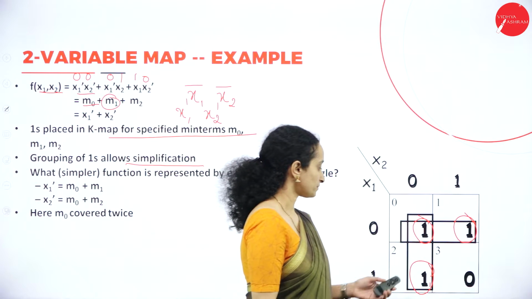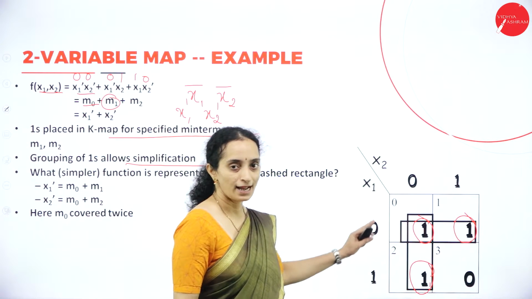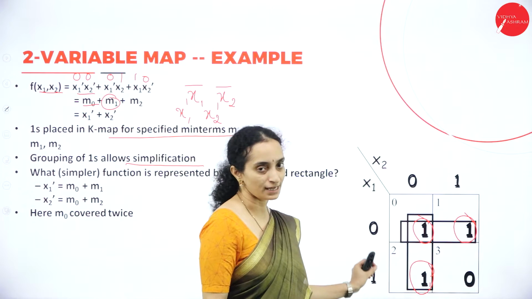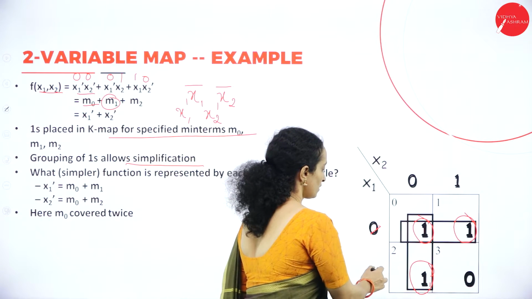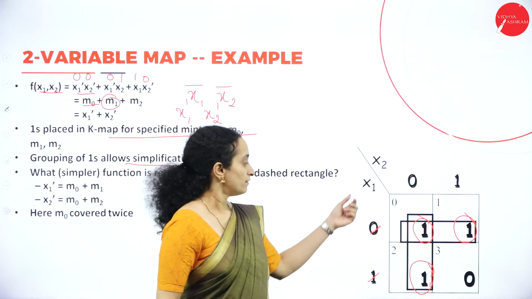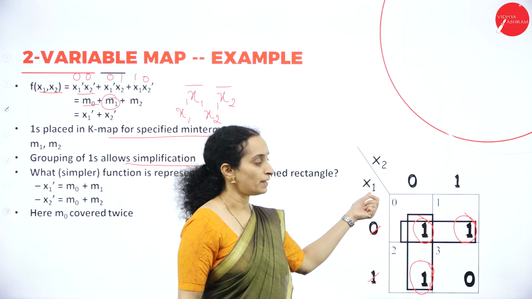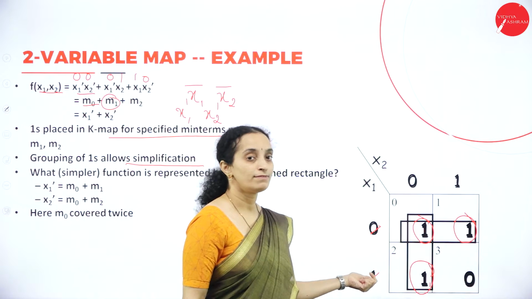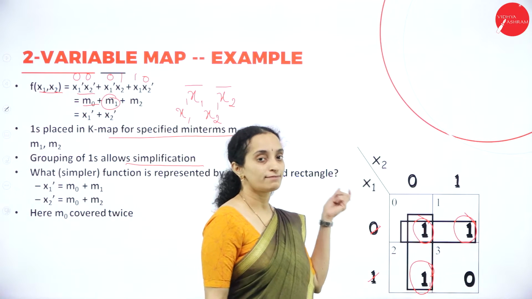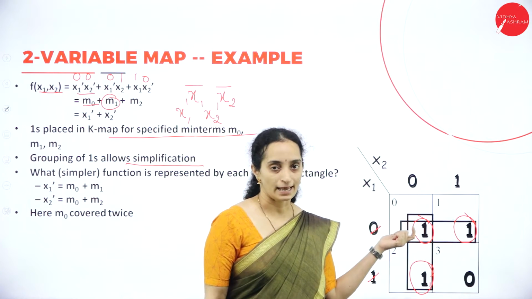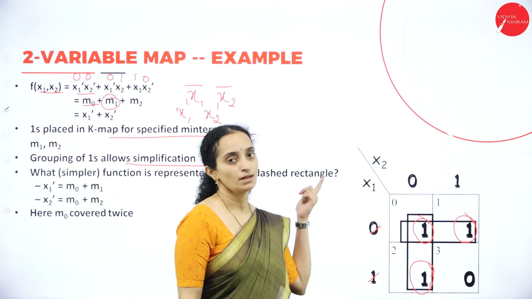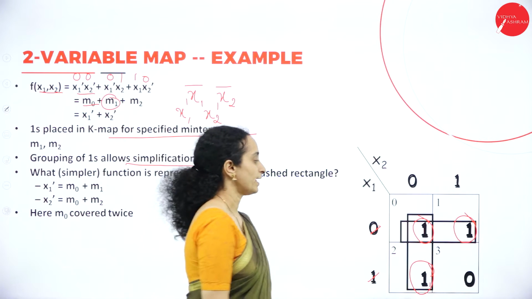As I said, the complement and non-complement forms of a single variable get cancelled, or the variable whose state changes will be cancelled. Only the values which don't change their state will be kept in the Boolean expression.